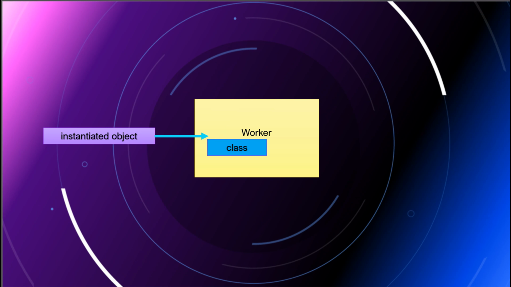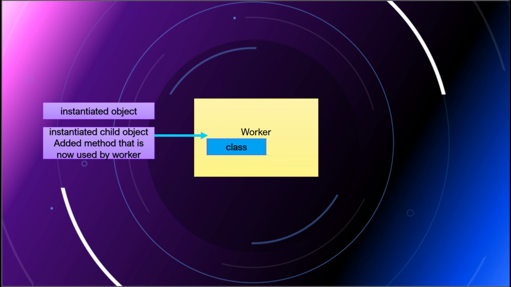However, there is the second part where people start having problems, and that's when you inherit from that original class to a child, and you've added a method in that child class, and then when that instantiated child object gets sent into the worker, you're using that method now.